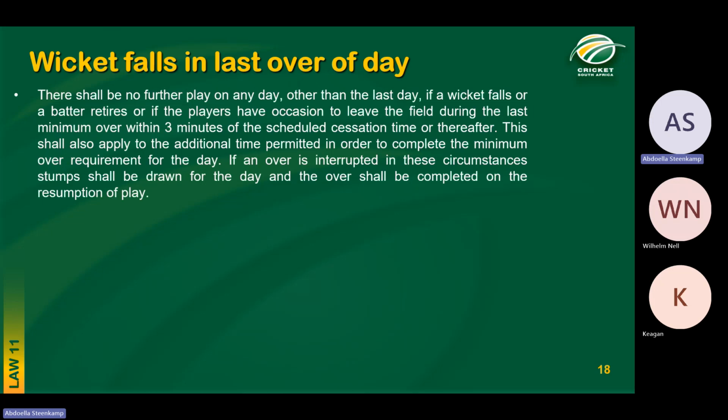So these are the two conditions you need to ask yourself. Are we in the last over of the day? And are we within 3 minutes of the cessation time when the wicket falls? If you meet both conditions, it's stumps for the day.